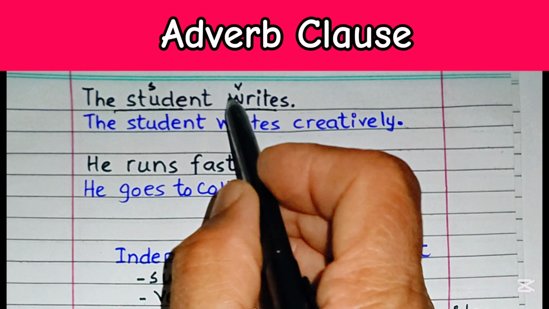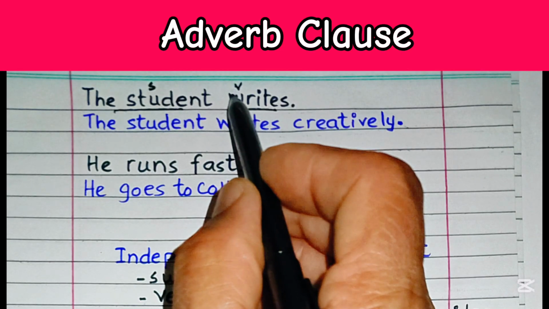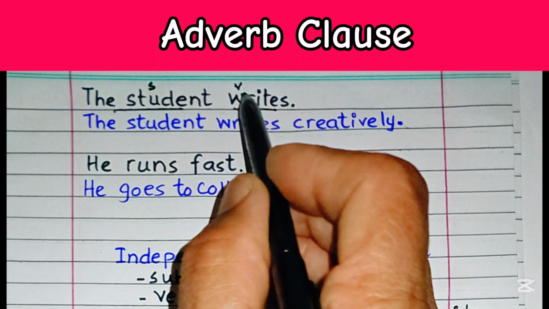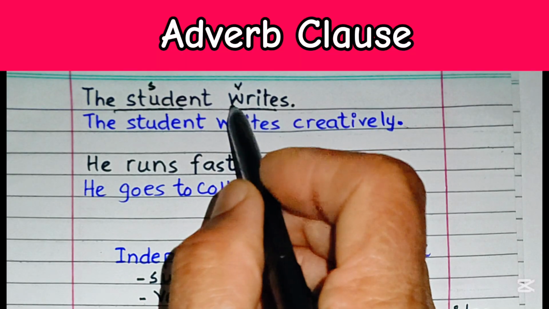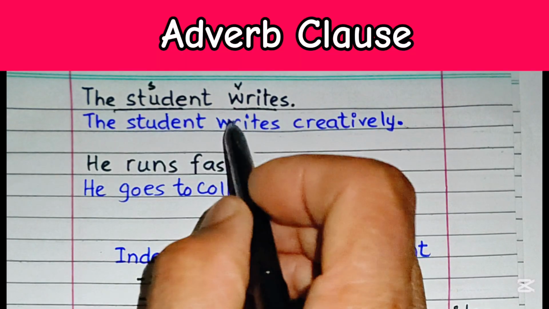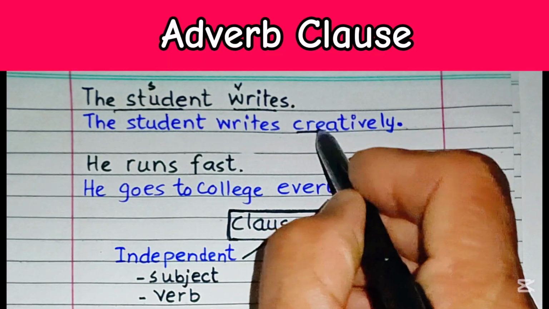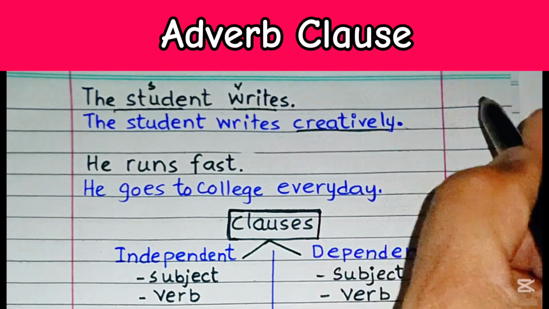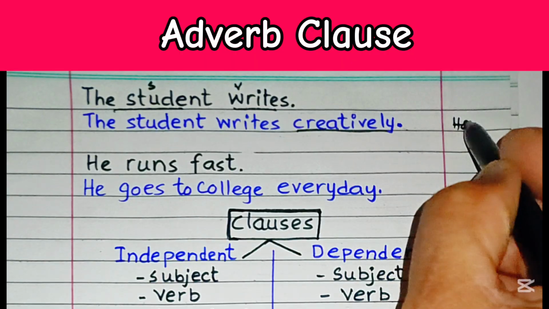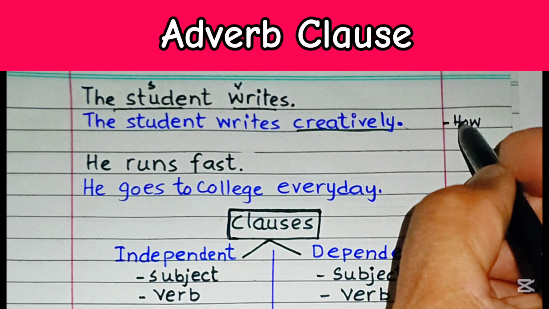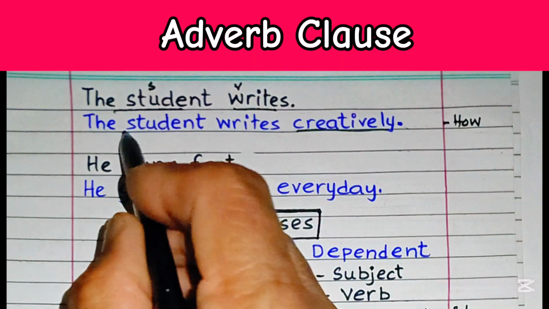This is the answer to the question, how does the student write? So if I say the student writes creatively, this would be the answer to how. This is the WH question word how. How does the student write?